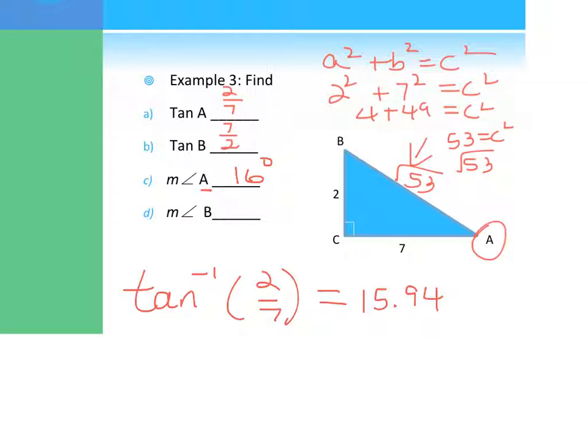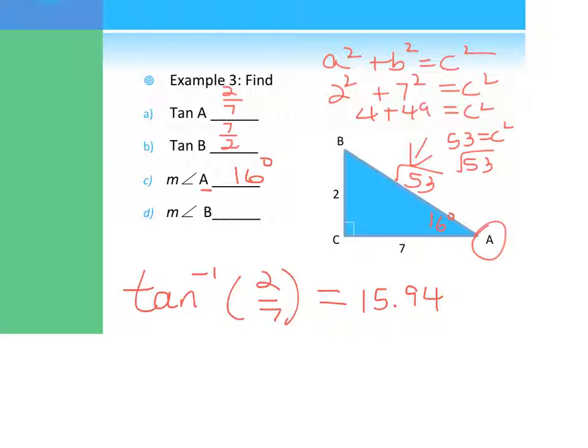Now, if this one's 16, do I really need to do another trig ratio to find B? How can I find B? Do 90 plus 16. Good. I could do 90 plus 16 and subtract from 180, or I could even just do 90 minus 16.